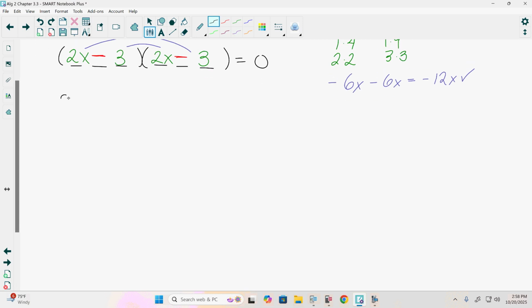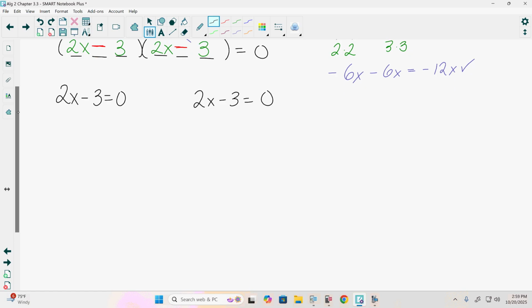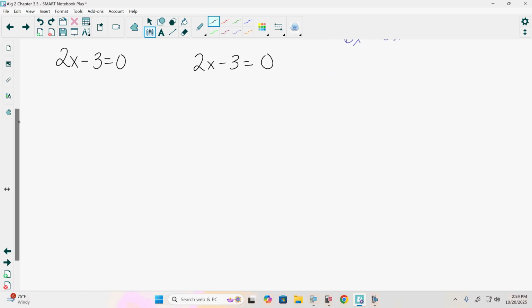Now, according to the zero product property, since we have two things multiplied together to equal 0, one of these two factors has to be 0. Either 2x minus 3 is 0, or 2x minus 3 is 0. So for the one on the left, we can add 3 to both sides, telling us 2x is equal to 3.